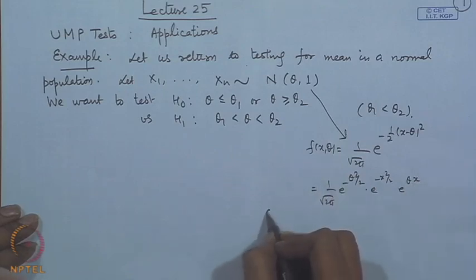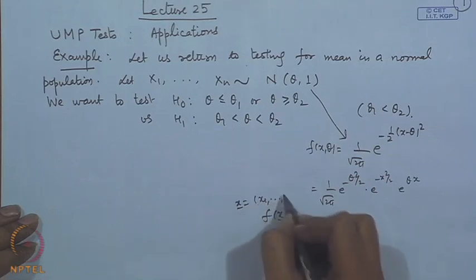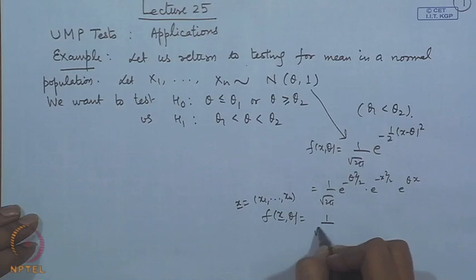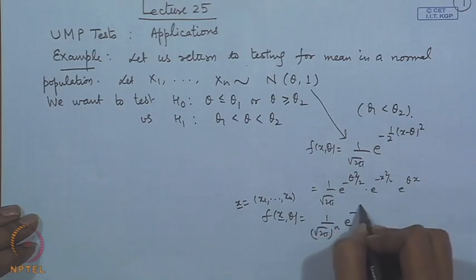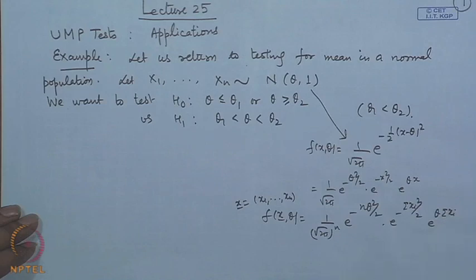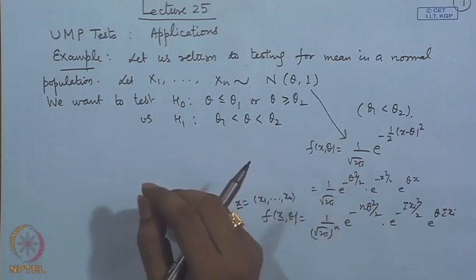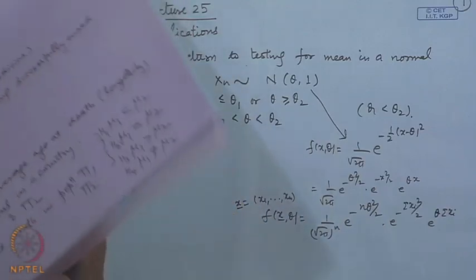And if we write f of x given theta, where x is x 1, x 2, ..., x n, then this is 1 by root 2 pi to the power n, e to the power minus n theta square by 2, e to the power minus sigma x i square by 2, e to the power theta sigma x i. So, this is in the form of a one parameter exponential family. The q theta function is theta, it is a strictly increasing function, so strictly monotone.